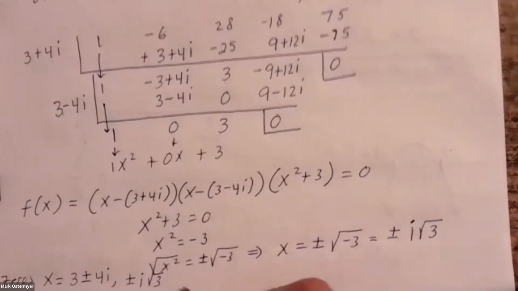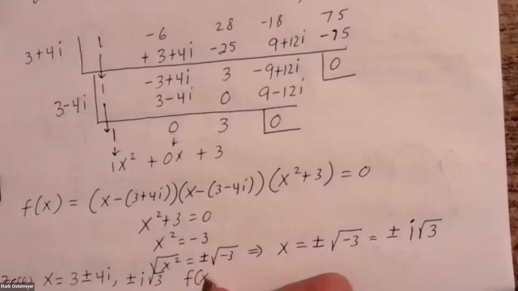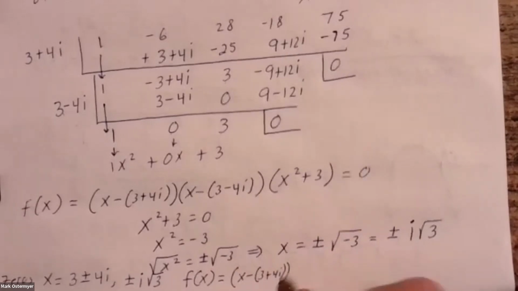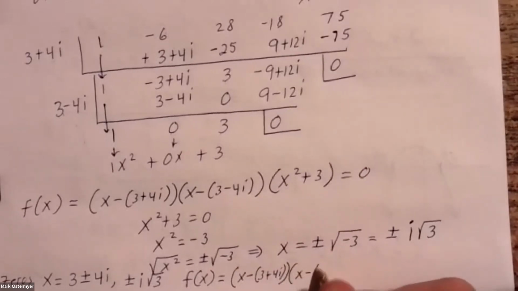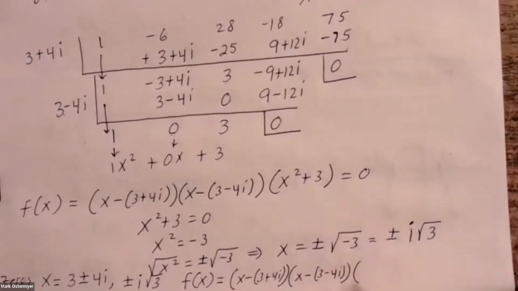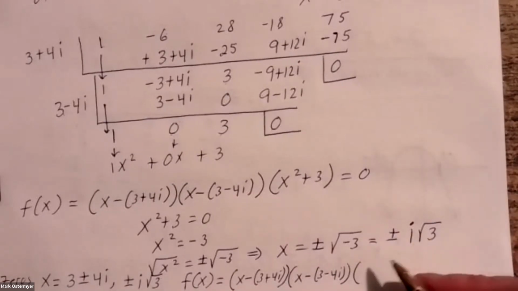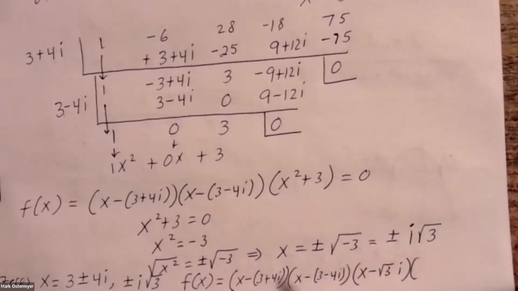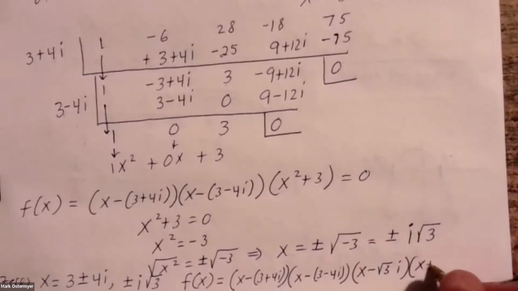Furthermore, not only do we have all our zeros, but we can completely factor f of x down now into x minus 3 plus 4i times x minus 3 minus 4i times x minus square root of 3i times x plus square root of 3i.